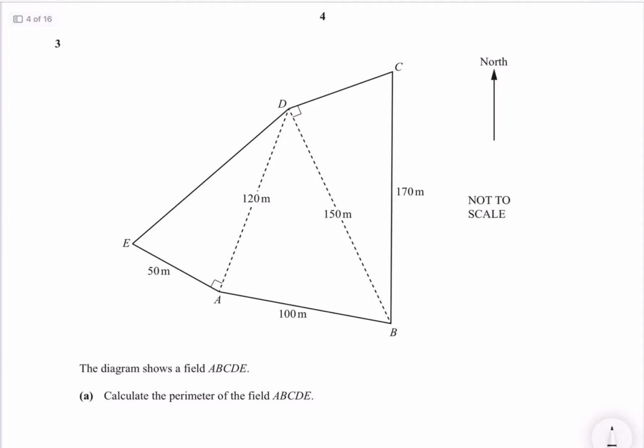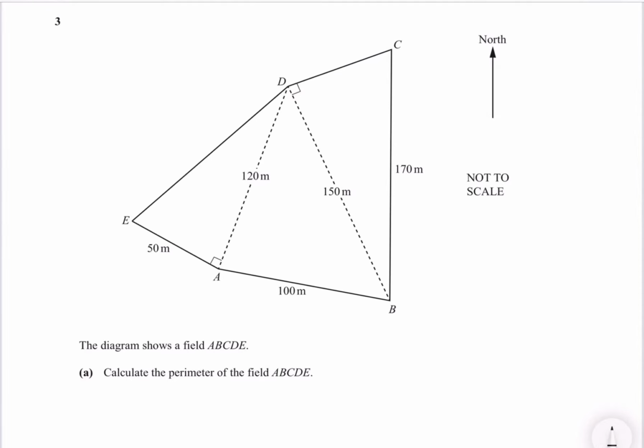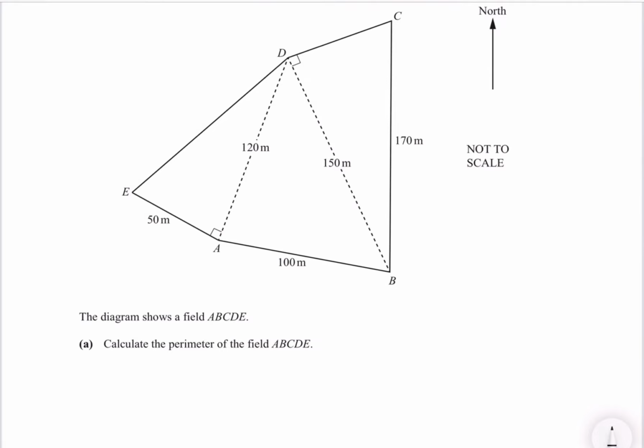Question number 3, calculate the perimeter of the field ABCDE. So in triangle ADE, we don't have DE, but because it's a right angle triangle, we can use the Pythagoras theorem to get the value of ED. So this is 50 square plus 120 square.